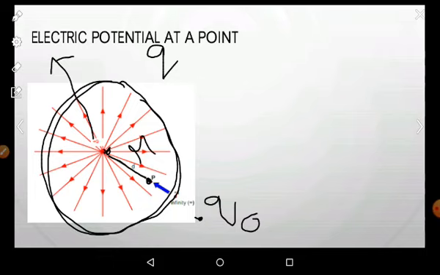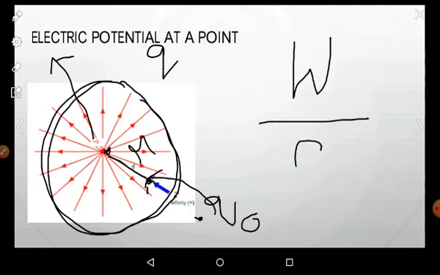So once Q naught is placed at any point within the field, the amount of work done is calculated, and the amount of work done per unit charge, W divided by Q naught, is equal to the electric potential at that point where Q naught is placed.